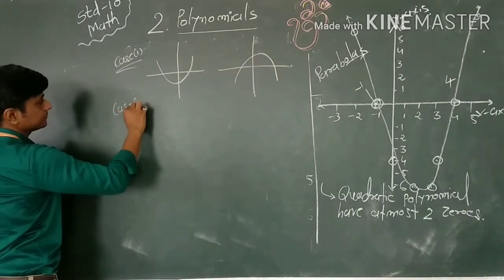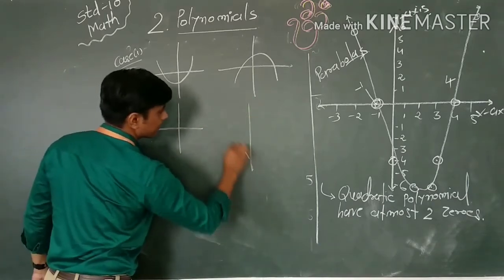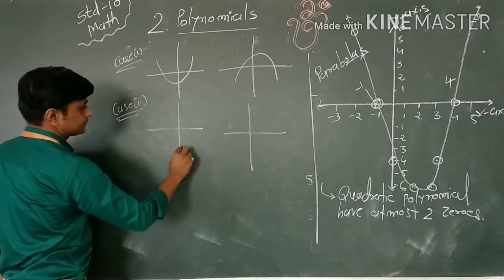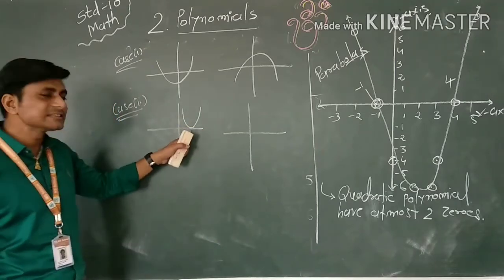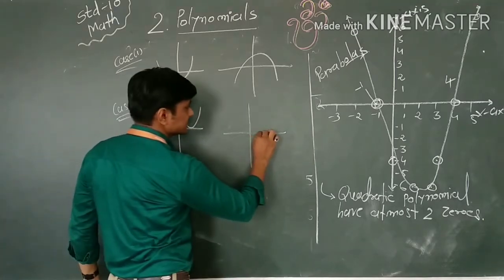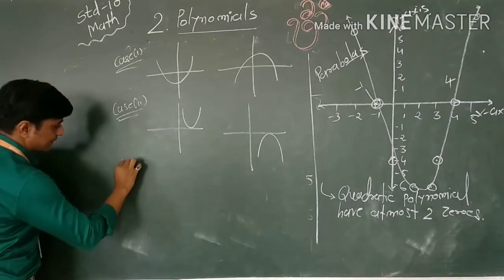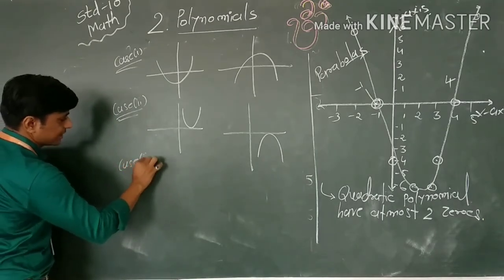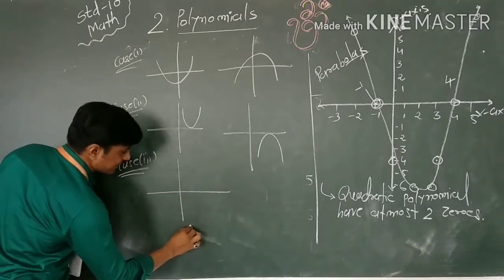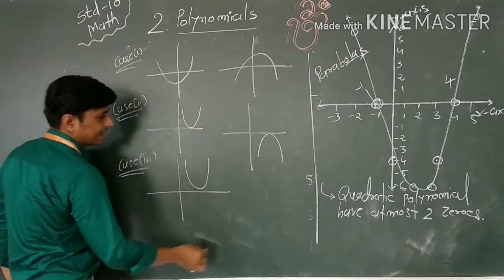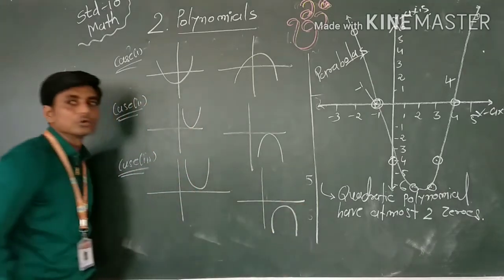In case 2, the graph may intersect only at a single point on the x-axis. And in case 3, the graph never intersects the x-axis, that means it has no zeros.